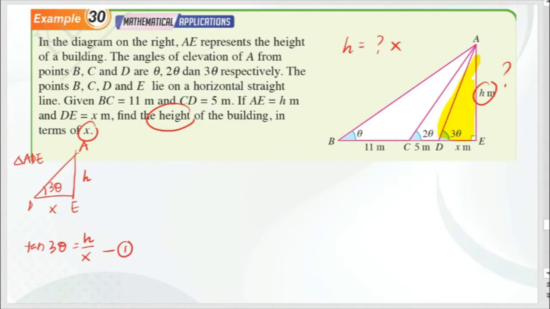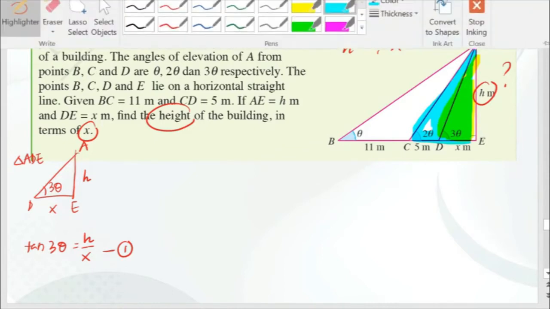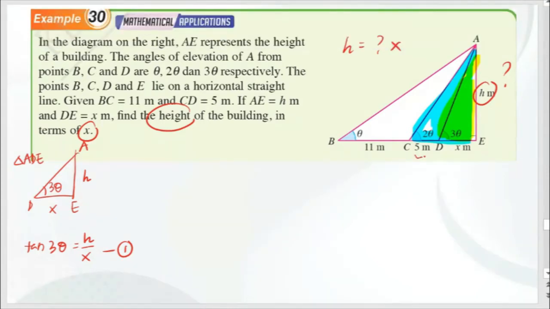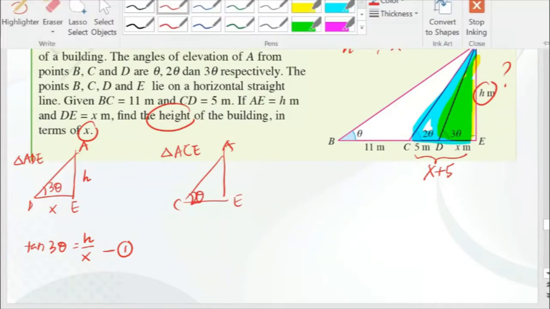Then now we go to the second equation. We look at the triangle ACE now. Then the length of CE is x plus 5. We just put x plus 5, easier. So for the second equation, triangle ACE, your angle here now is 2 theta.